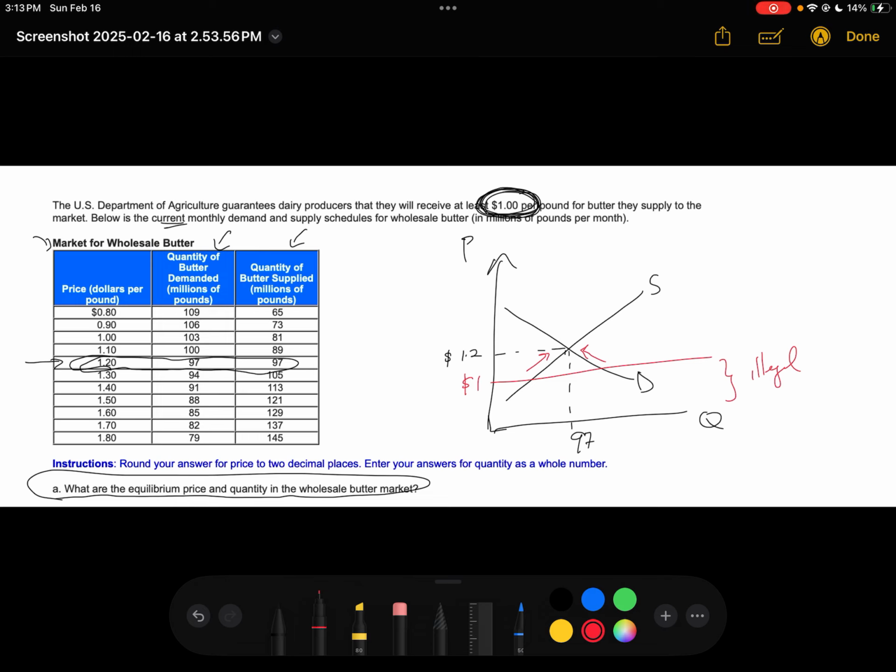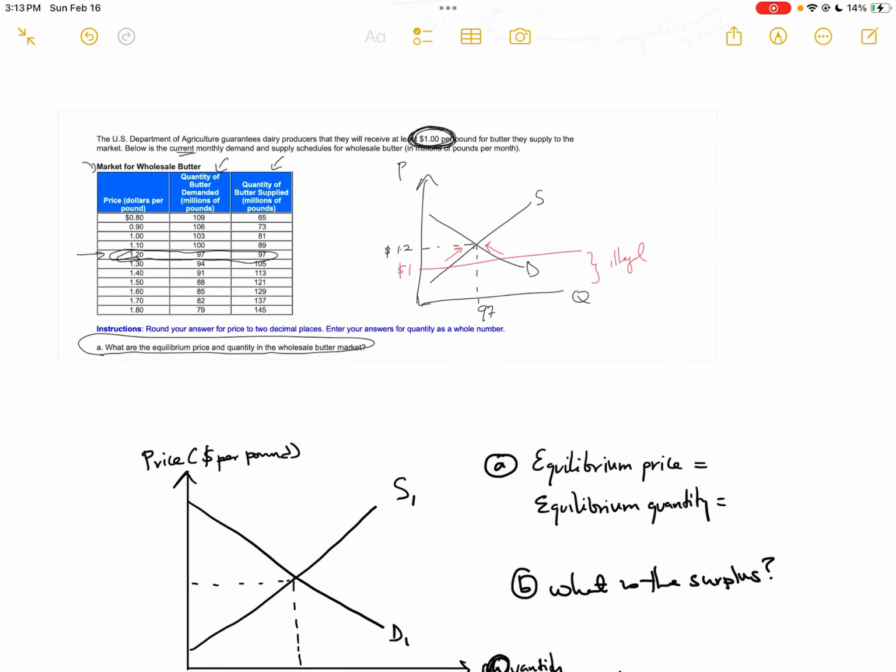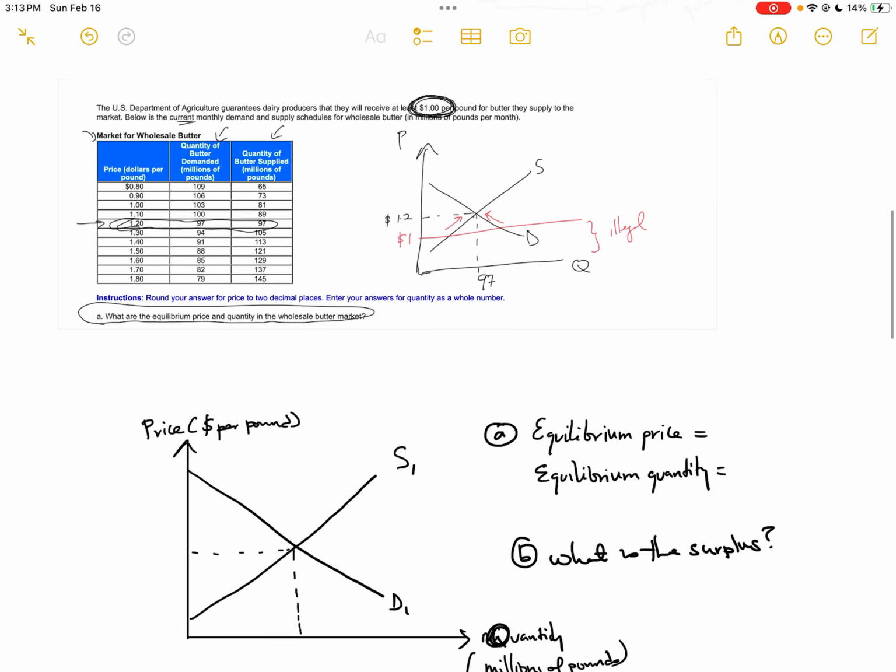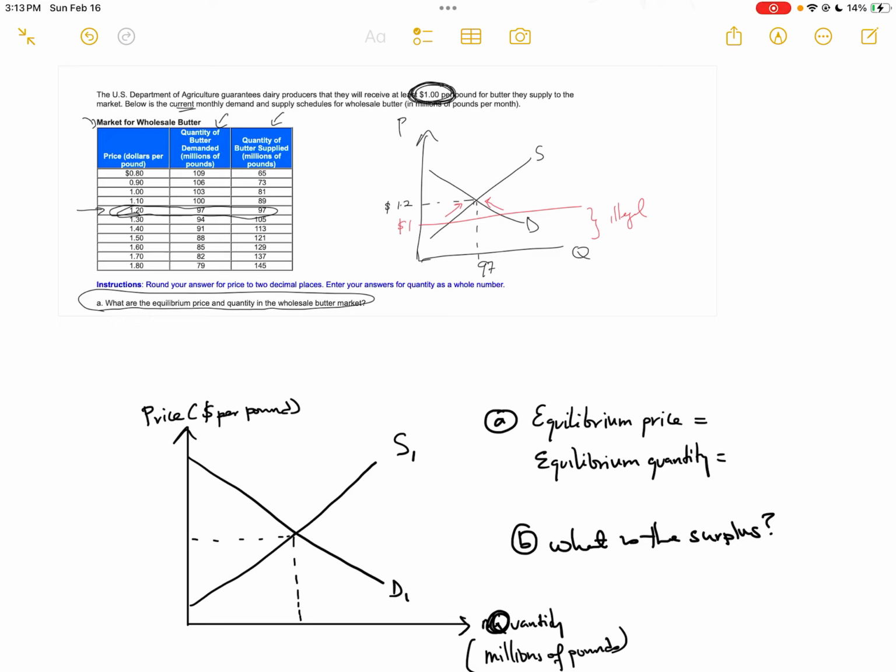So let's go back to our, there, we can still see it. That's good. All right. So what I just did there was I did that 1.2 and that 97 million, and the price floor, when it was placed below the equilibrium price of 1.2, it was non-binding.